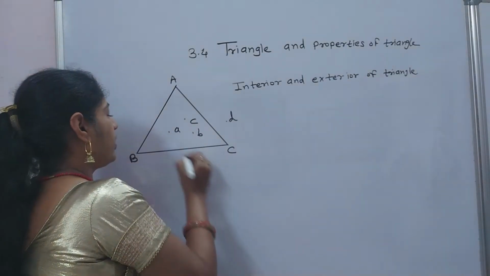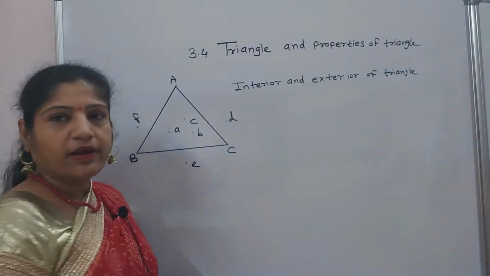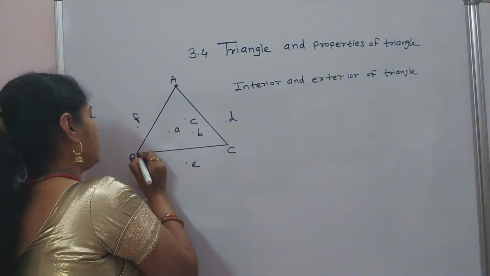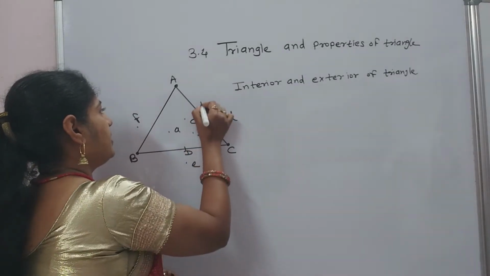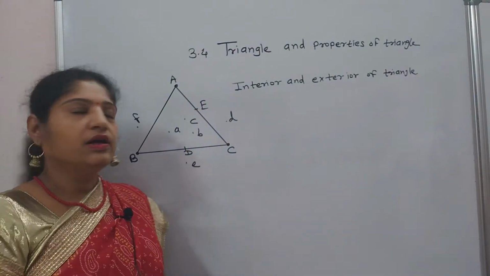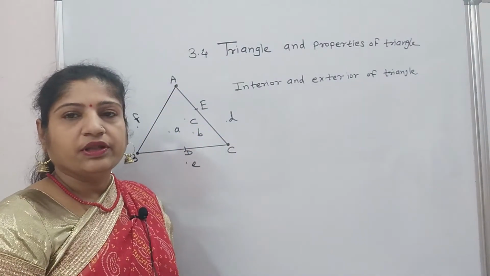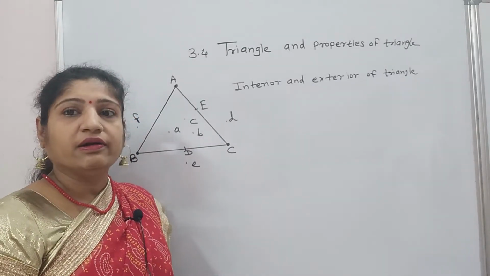Point D, point E and point F are in the exterior part of the triangle. And points A, B, C, D, E, these are on the triangle. The plane is divided into three parts: interior part, exterior part and the triangle itself.